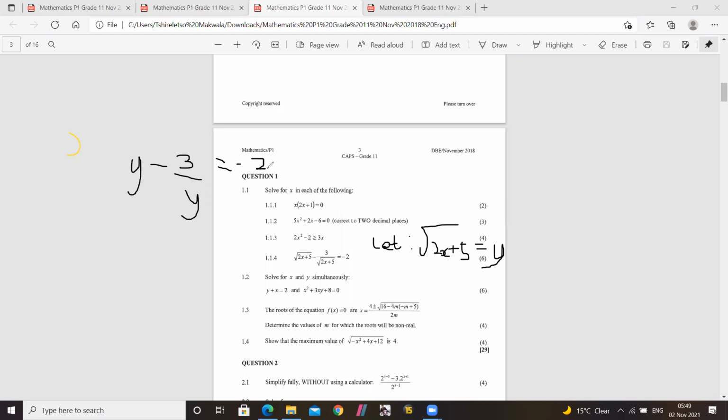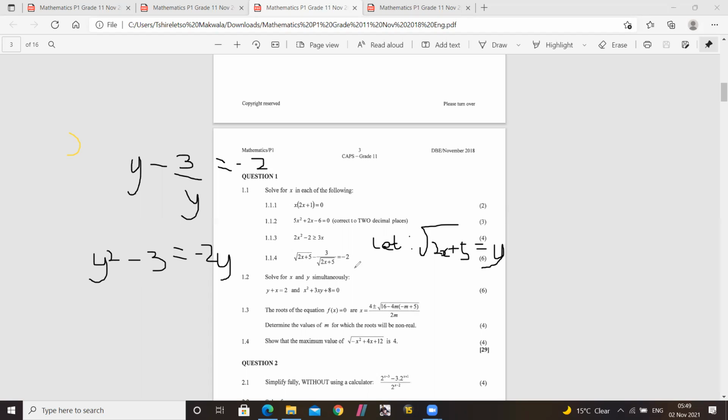Then you multiply y on both sides, so it's going to be y squared minus 3 is equal to negative 2y.